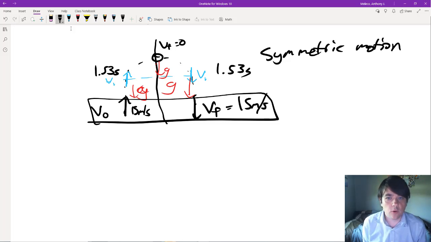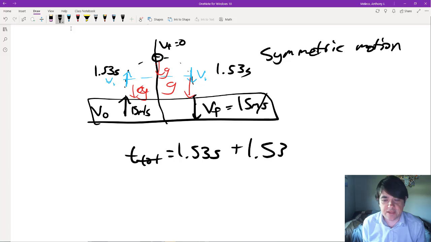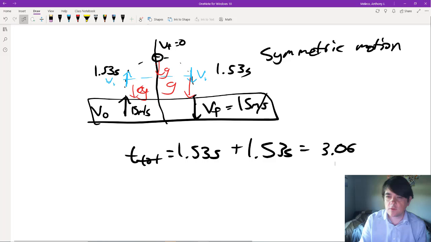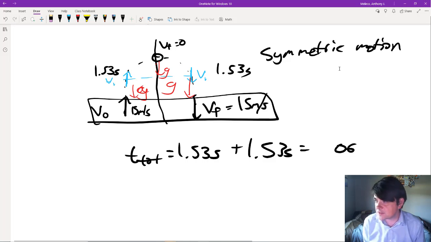Okay, so we just need total time, which is 1.53 seconds plus 1.53 seconds. This is 3.06, I think. Oh wait, no, it's 3.06.